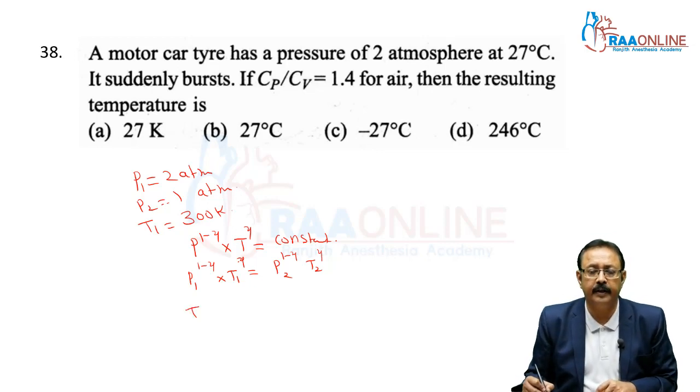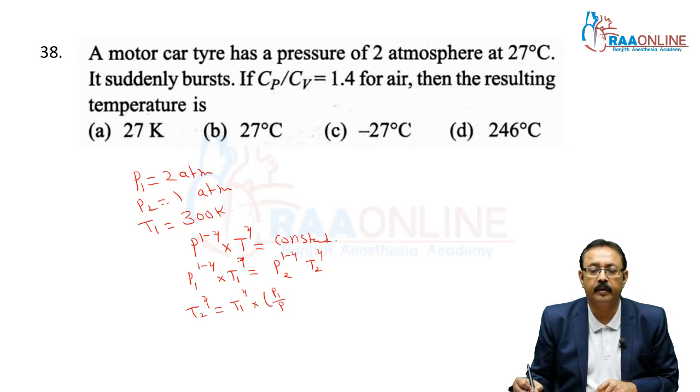So, T2 raised to the power gamma equals T1 raised to the power gamma into P1 upon P2 raised to the power 1 minus gamma. T1 is given 300 Kelvin. So, taking power 1 upon gamma, we get T2 equals T1 into P1 by P2 raised to the power 1 minus gamma by gamma. P1 was 2, P2 was 1.